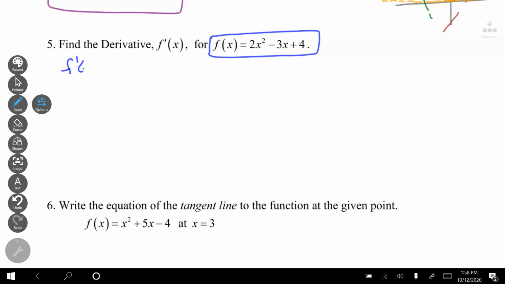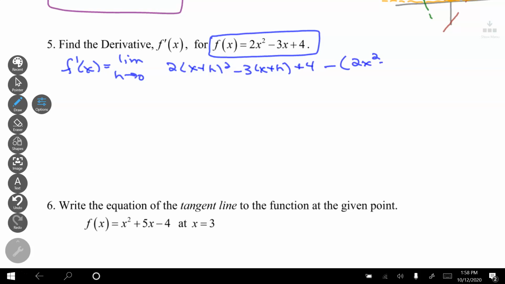So f prime of x is equal to the limit as h goes to 0. Don't forget about that guy. 2(x plus h) squared minus 3(x plus h) plus 4 minus the original function.